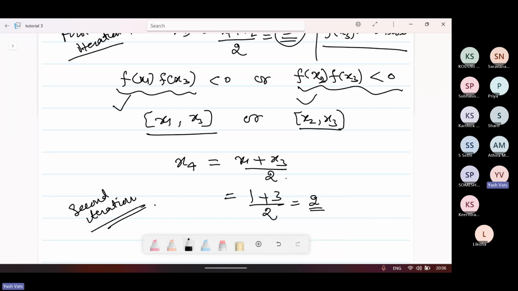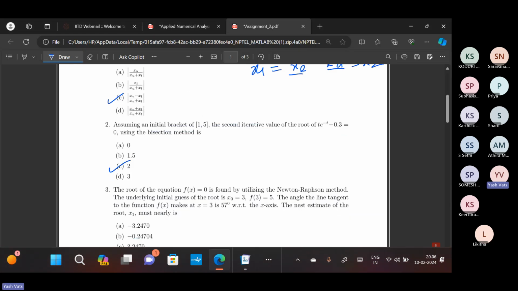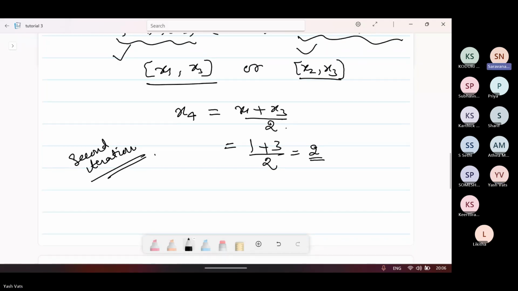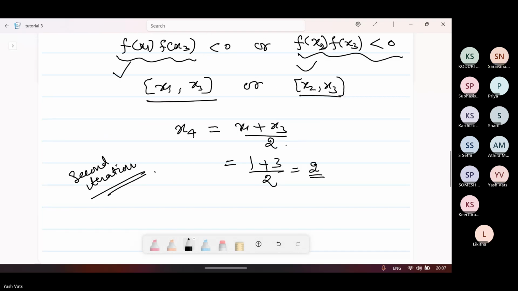They are saying the second iterative value of root, not the function value at the root. Okay, got it. But the function value should be closer and closer to 0 as you proceed, because it's the root. Correct.